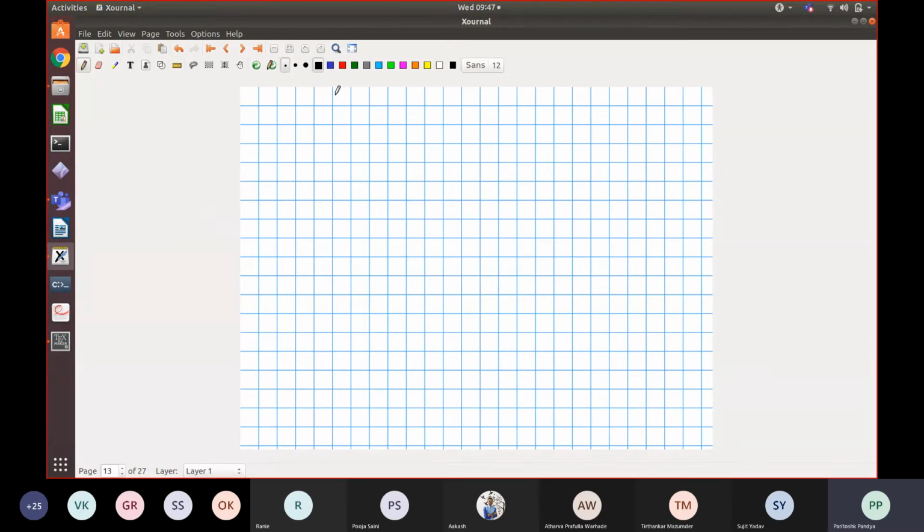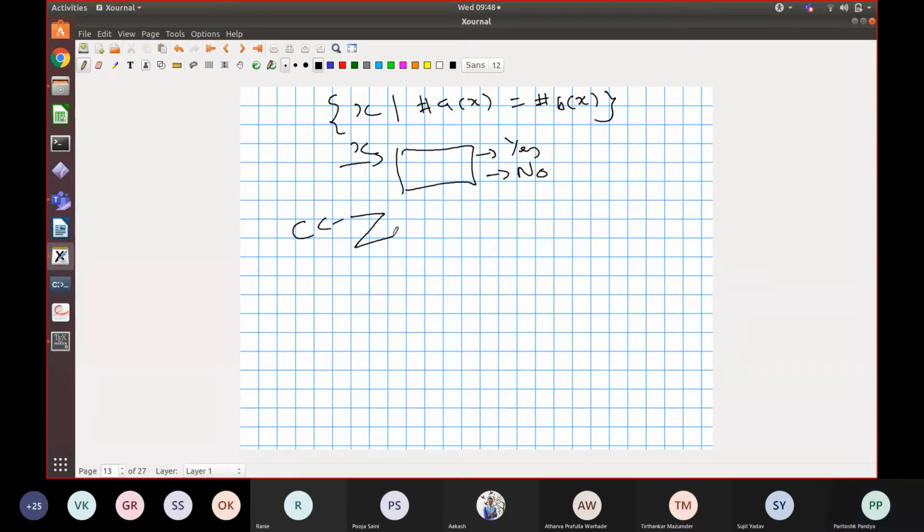So what is the language? X such that count of A in X is equal to count of B in X. This is the language for which we are building an automaton, and it will take this string X and then answer yes or no. Now what we can do is maintain just one counter C which belongs to the integers, that is positive and negative integers.